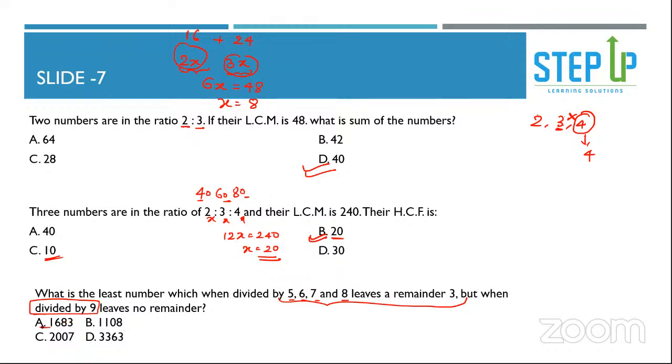This is the number. They are asking about least. So 1683 is smaller than this one. So we'll ignore this 2007 also. And this is not divisible. So the answer is 1683. Right. Okay, we'll move.